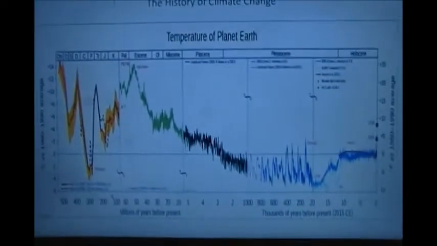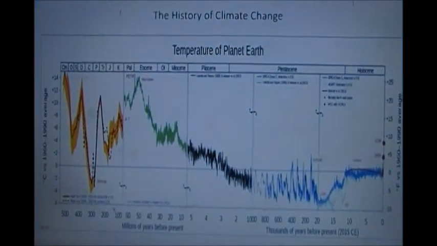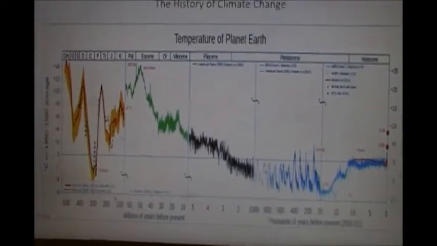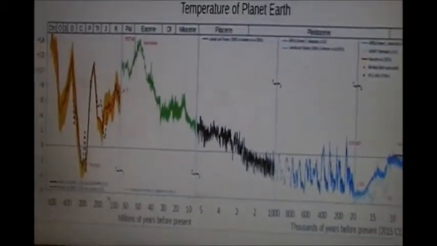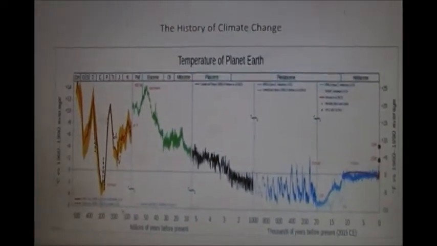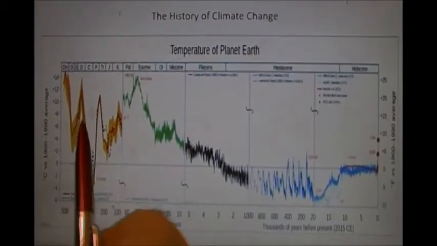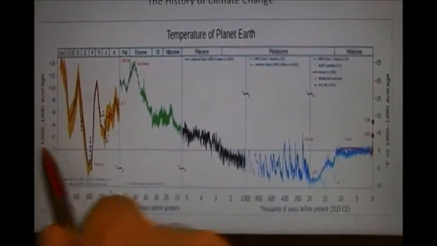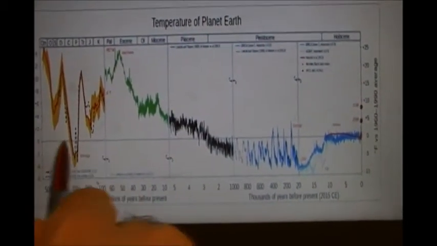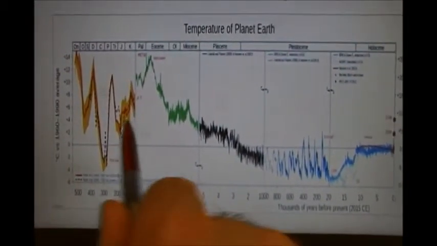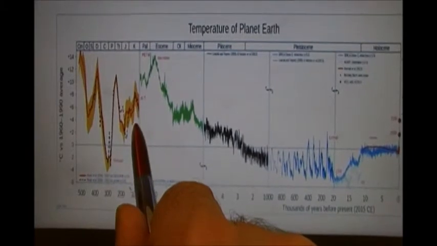Now, I'm going to show you a graph. Okay, here's a graph of the temperature of planet Earth over the history of Earth since life began. But what you first notice when you see this graph, this is from the internet, is that this area right here is said to cover 500 million years.